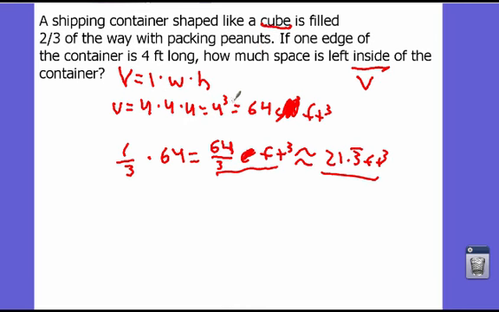We found the volume because we knew it would be volume because we were talking about the inside of the shape. And then, because we knew it was 2/3 of the way filled, what's left is 1/3, 1/3 times 64, 64 over 3, or 21.3 repeating feet cubed. So now you know how to find the volume and surface area of prisms and cubes, or prisms and cylinders.